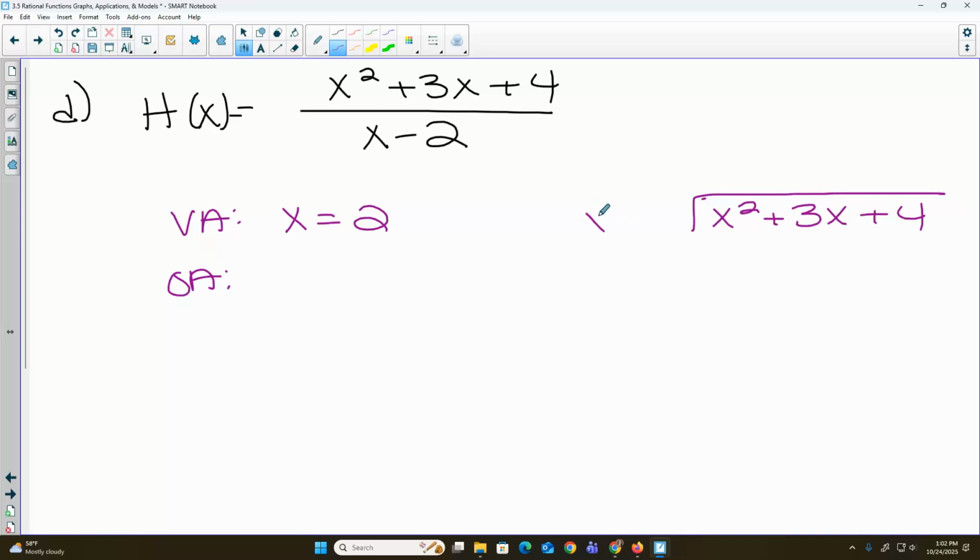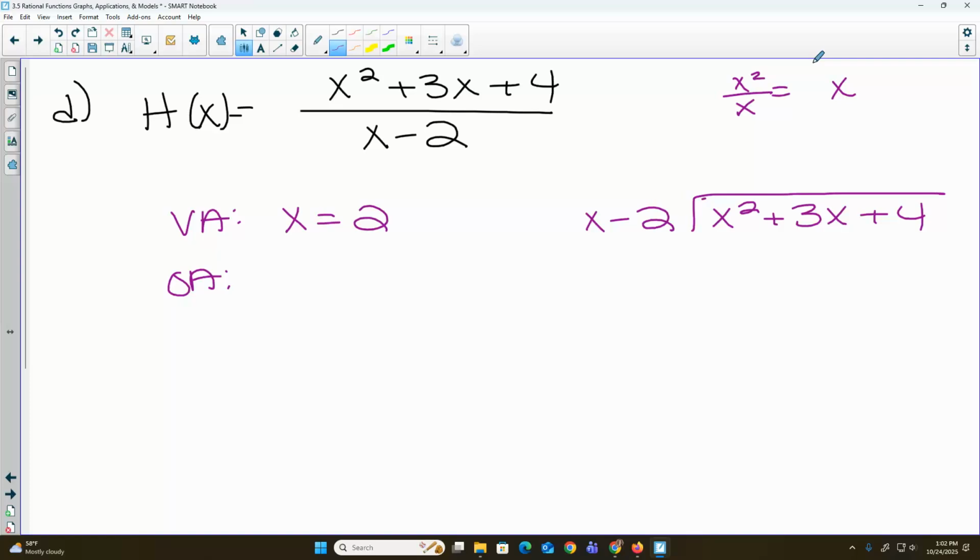What's wrong, Chloe? So how do we know it's oblique again? When you go to divide the leading powers of x, if I just cancel those, I still have an x in it. So that means it's not horizontal. Horizontal is just y equals a number. If it's got rid of all the x's, then it would be horizontal.